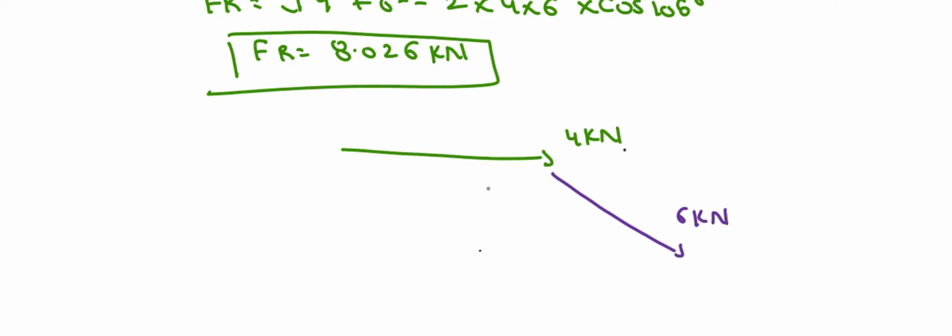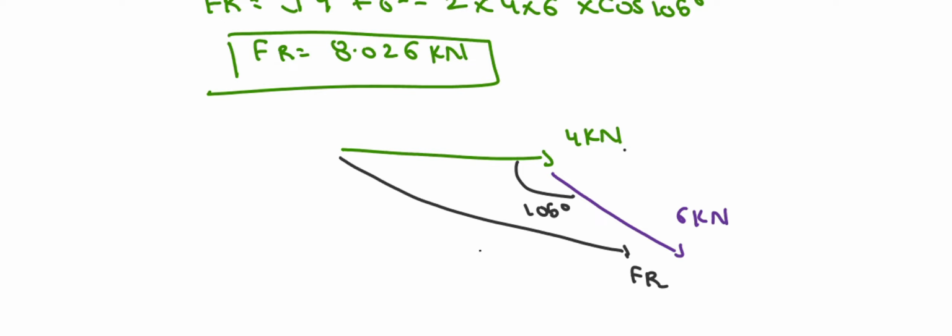The angle between 4 kilonewton and 6 kilonewton is 105 degrees. This is basically our Fr, and this is basically our u axis. The angle between 4 kilonewton and the u axis is nothing but 45 degrees, and we want to find this angle. Let's call this theta.